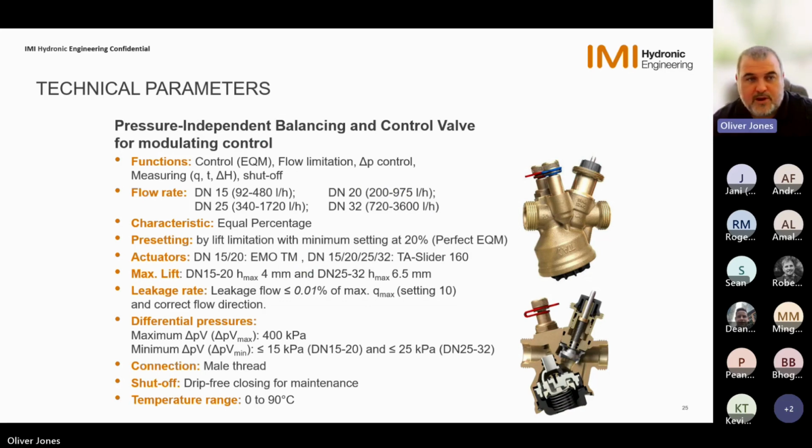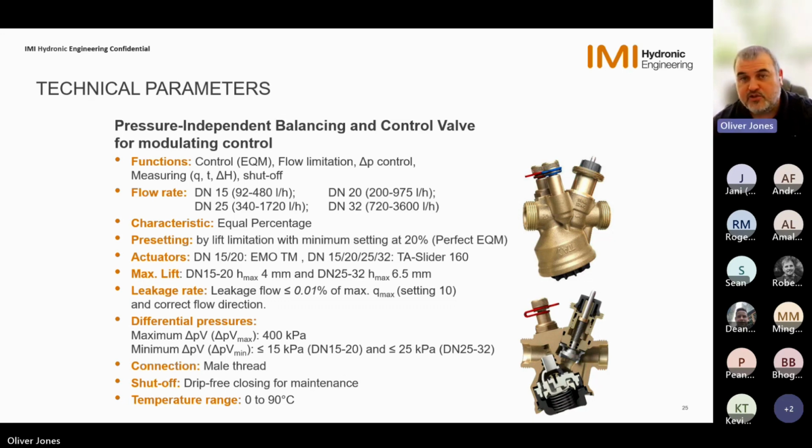Just to show you our technical parameters, the functionality of the valve we control with an EQM characteristic, as we've discussed. We can do flow limitation, DP control, because we're balancing and controlling our differential pressure with the diaphragm internally. We can also measure flow, temperature, and our delta H, so our available differential pressure through the valve.